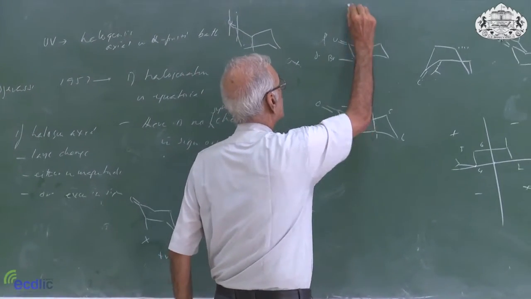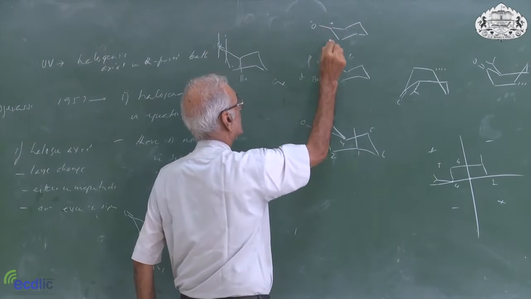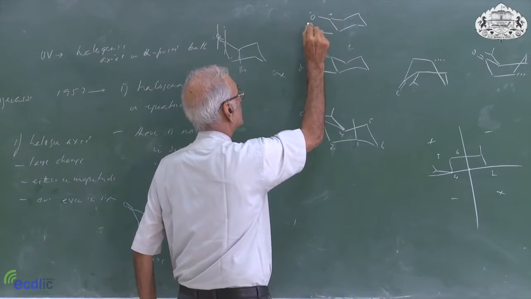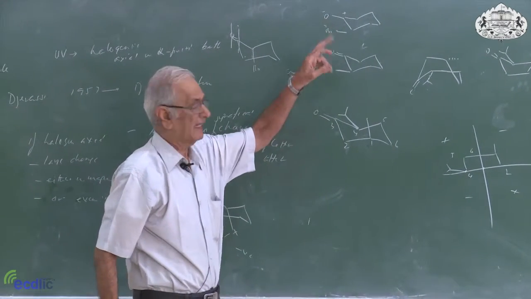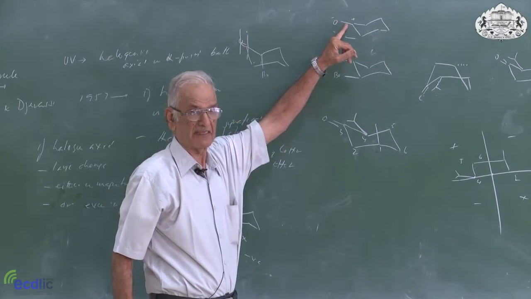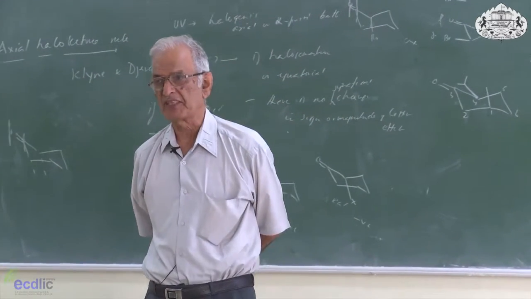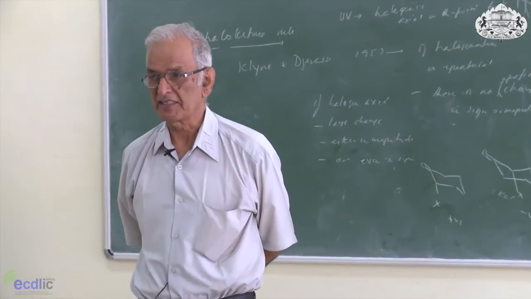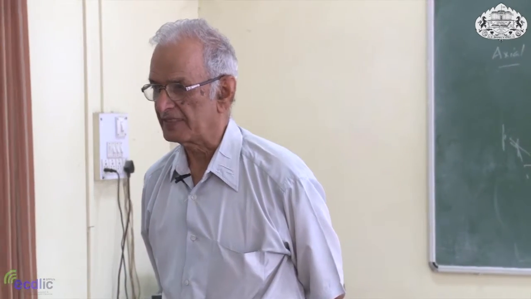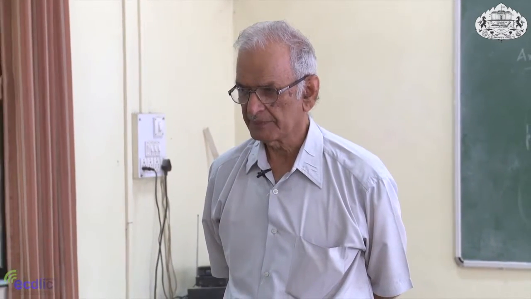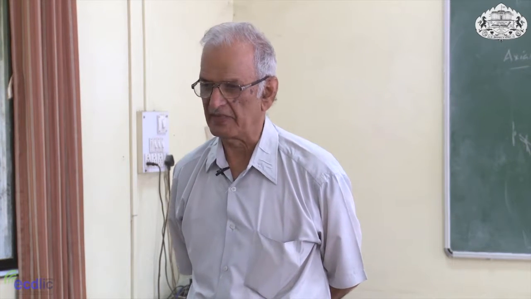When I polarize this, there is repulsion between these. Therefore, very small contribution by this structure, more contribution by the double bonded structure. More double bonded structure means larger force constant, means higher frequency. What is this factor called? This is the dipolar field effect.